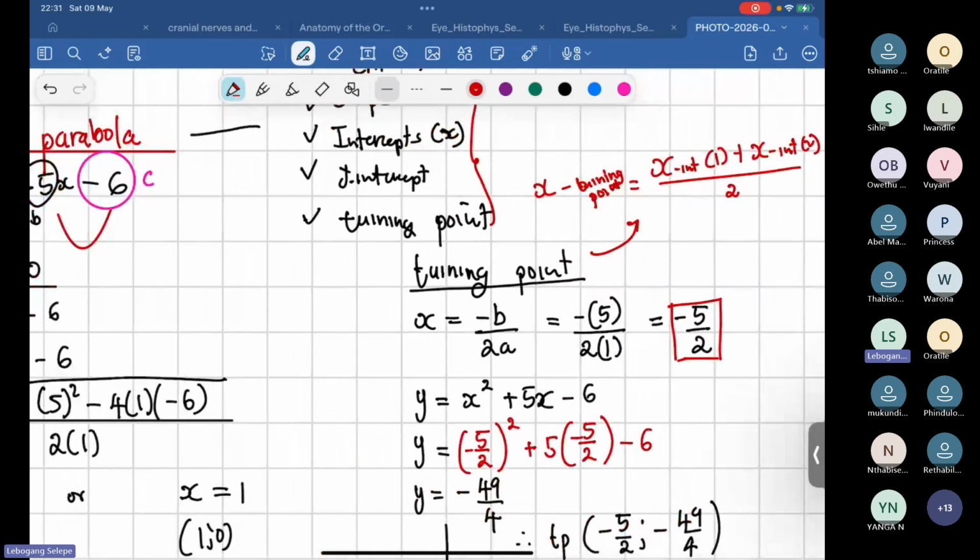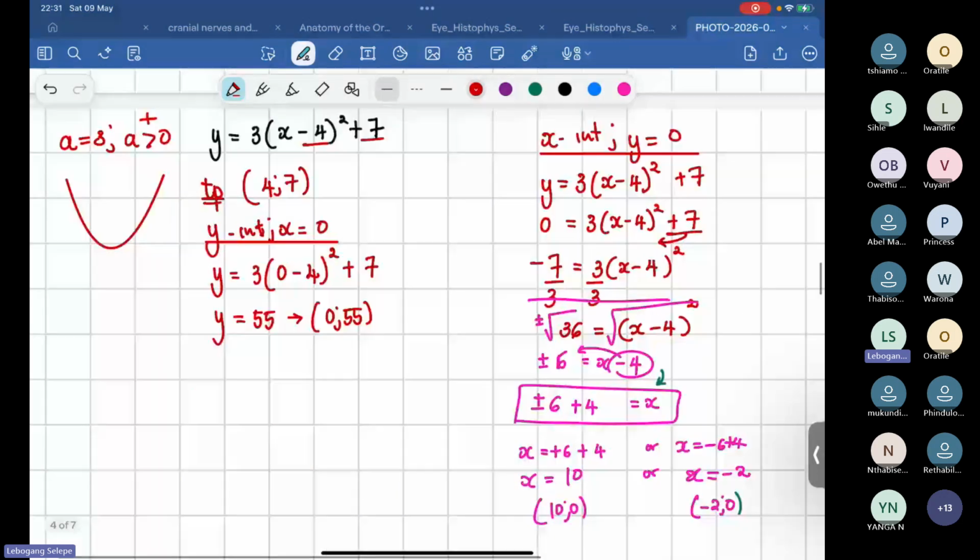This is a very important thing to know because it helps you calculate the x coordinate of the turning point if you are given the graph and you don't have any other means of calculating it. If I give you a graph and you can see the x-intercepts, you can calculate the x coordinate of the turning point from there without having to think much about it.